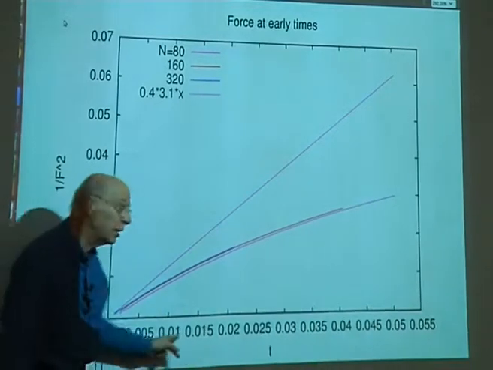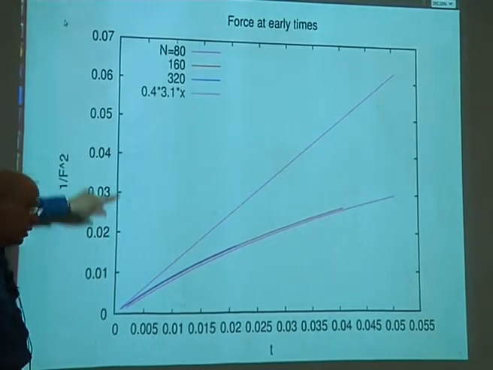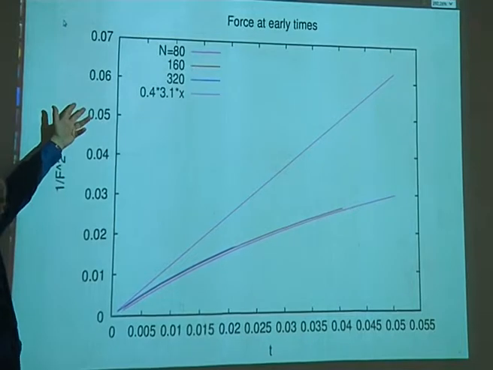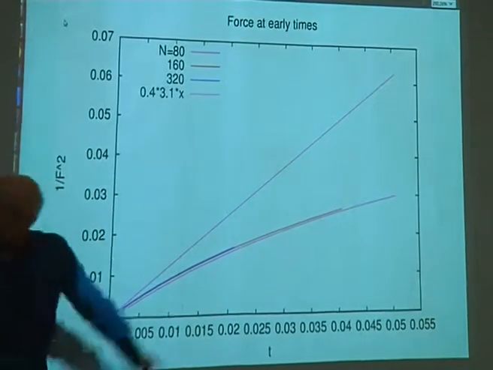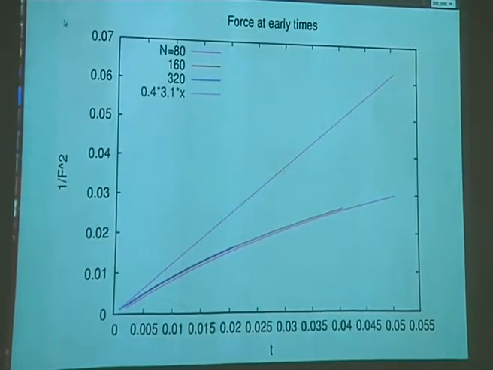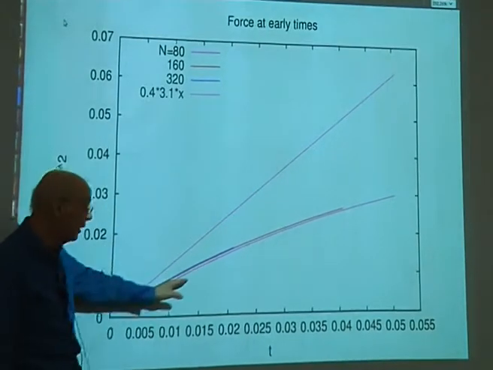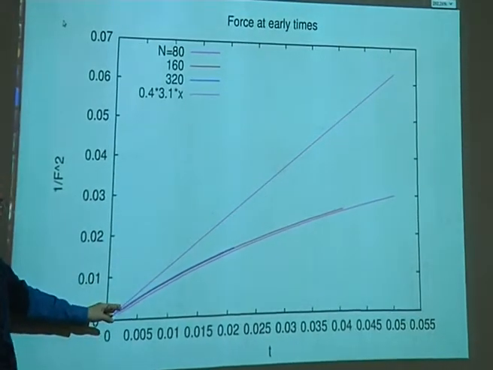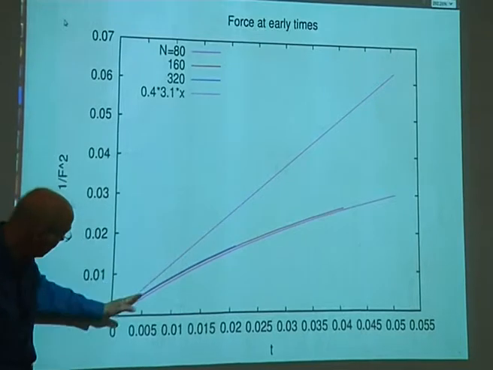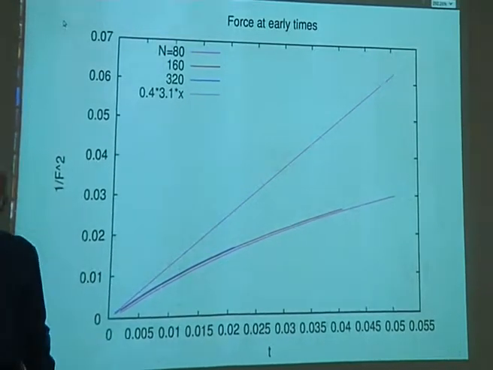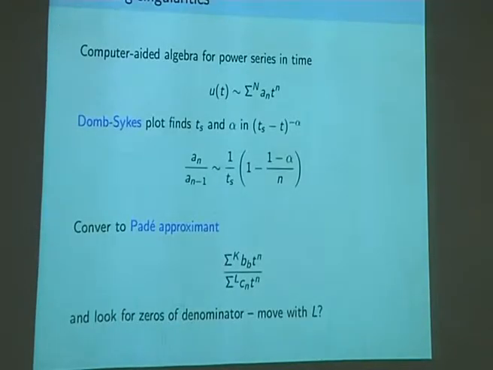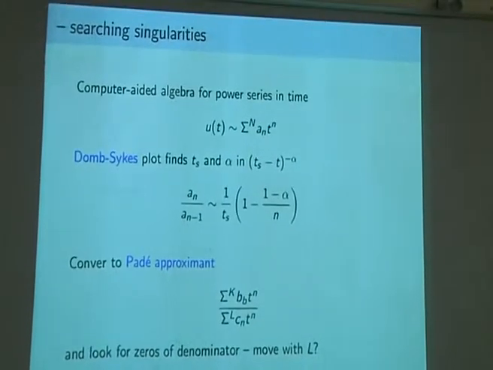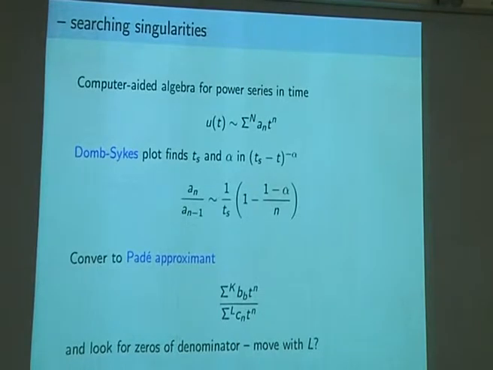As we go to time equals 0, 1 upon the force is going to 0, therefore the force is going to infinity. And this is the prediction. You can see these curves, I've not quite got early enough, but they're clearly tangential to this line. So there's another way of searching for singularities, which uses computers, but not to do arithmetic, but to do algebra.